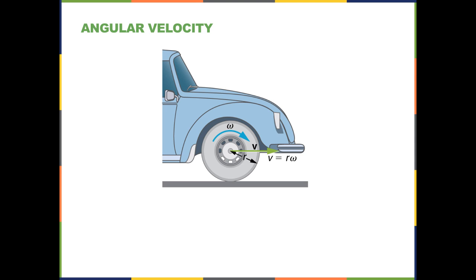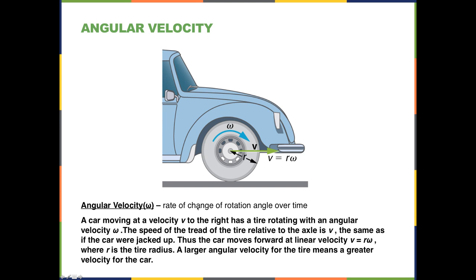Now the second new concept that we have to look at is angular velocity. Angular velocity, abbreviated lowercase omega, is the rate of change of the rotational angle. Here you have a car that's moving at a velocity v.